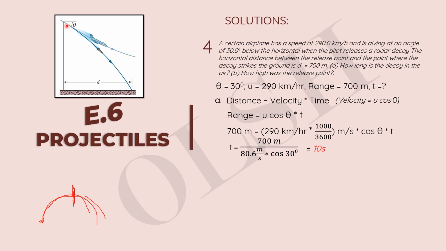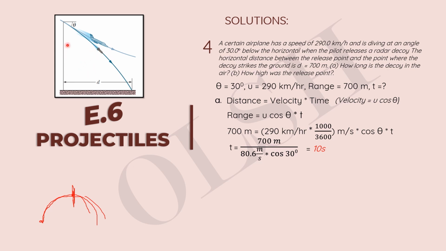This whole question deals with just half of the shape. This projectile is released from a plane at this point, and it gets to the ground at this point. We have the horizontal distance, we have the velocity, and we are asked to find how long it's going to be in the air.